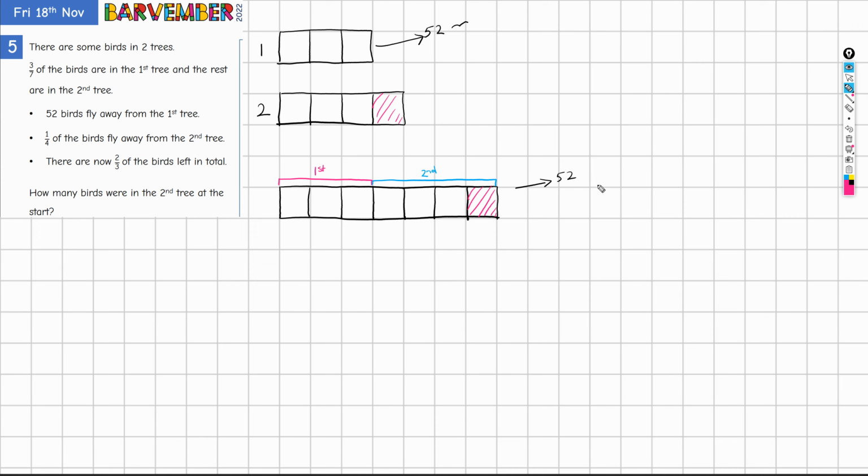Now what? Well, we are told that after this happens, there are now 2/3 of the birds left in total. Well, okay. Well, we've got 7 parts. I can't usefully divide 7 by 3. I'm going to have to divide up the parts. So I'm actually going to divide each part into 3. Okay.